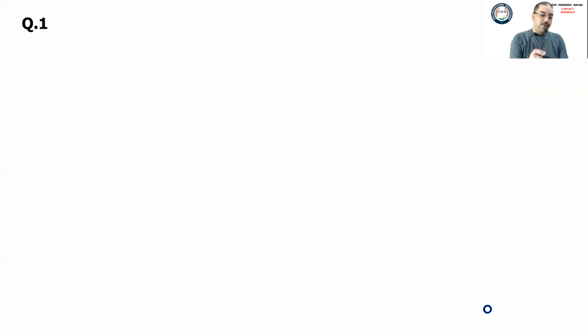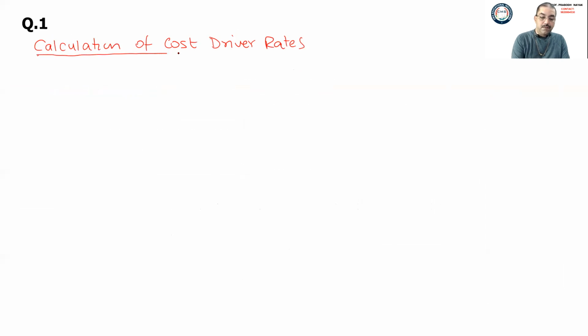Question number 1. Calculation of cost driver rates.